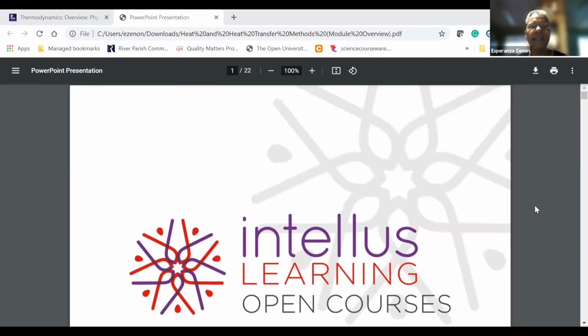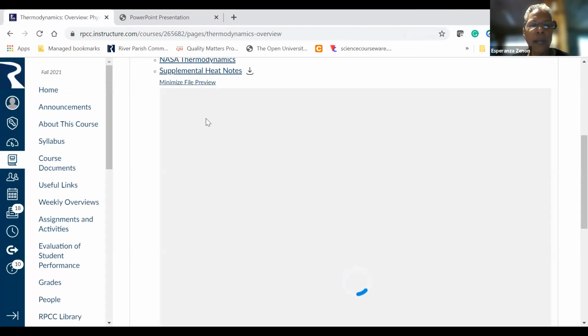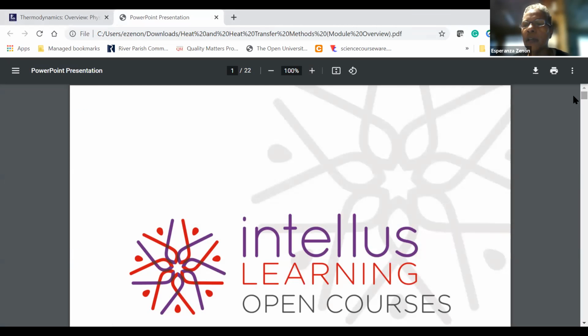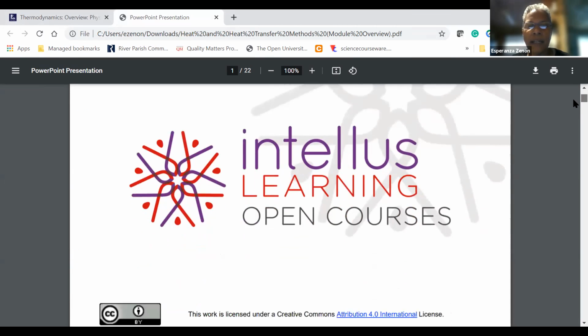Now you should be seeing, this is what the packet looks like. Canvas was being temperamental. So if you ever run into that problem where you're trying to view the notes, the ones that have the little arrows beside them, they're downloadable. So you could try that if you ever have it happen where it looks like it's kind of frozen.